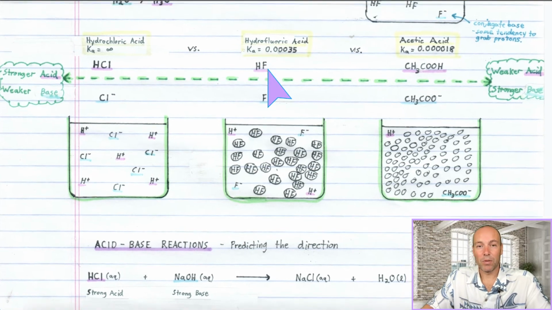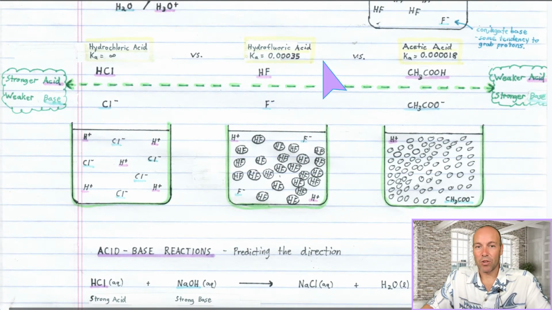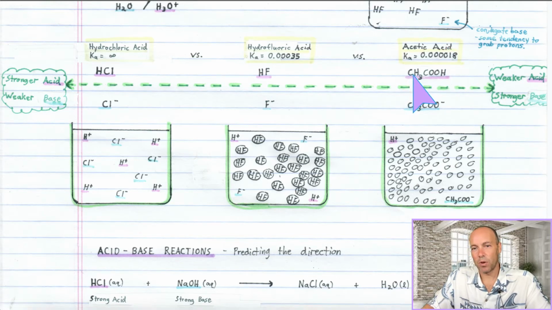But there are even weaker acids than HF, and acetic acid, which has the formula CH3COOH, is even weaker. 1 out of every 75 molecules of acetic acid will ionize typically in solution.